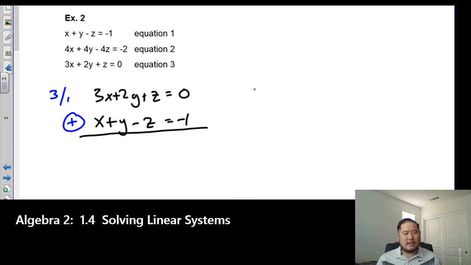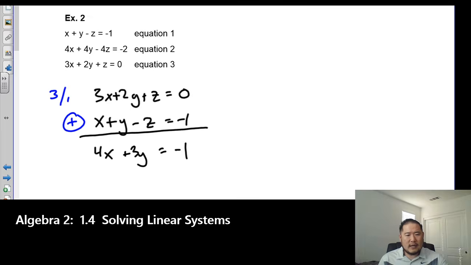So let's check this out and see what happens. I've got 3x plus x, we got 4x right here. I've got 2y plus y, that's plus 3y. The z's cancel out and I end up with 0 plus negative 1, which is negative 1. So I have equations 1 and 3.